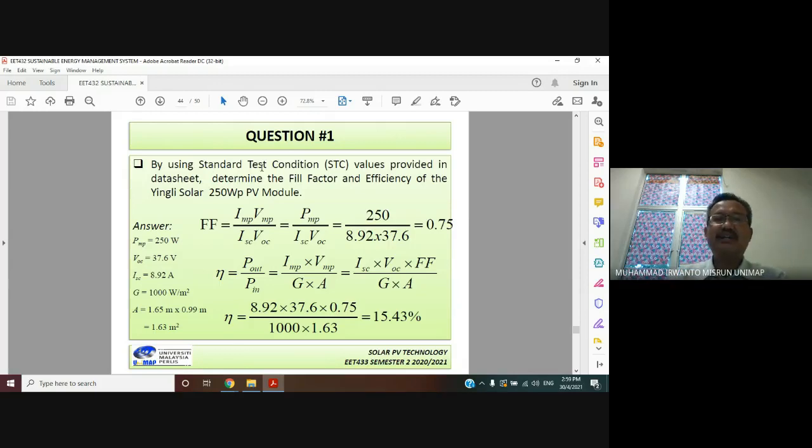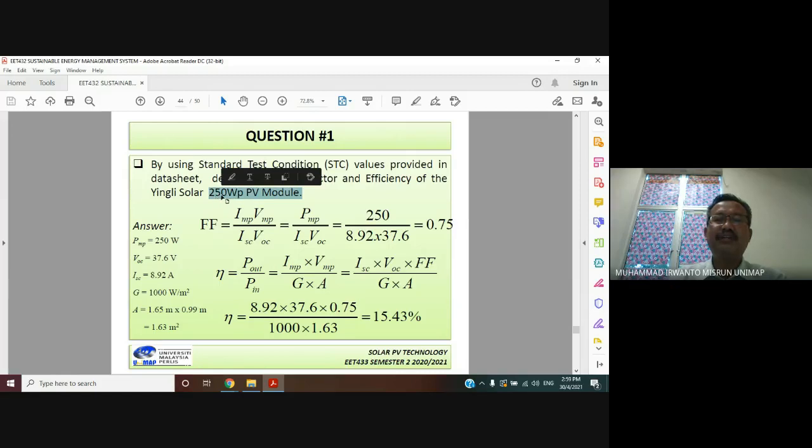By using the standard test condition, STC values provided in the datasheet, determine the fill factor and efficiency of the Yingli Solar 250 watt PV module.